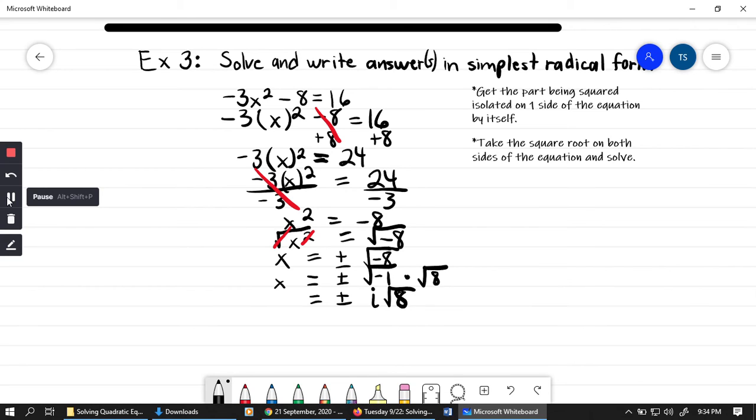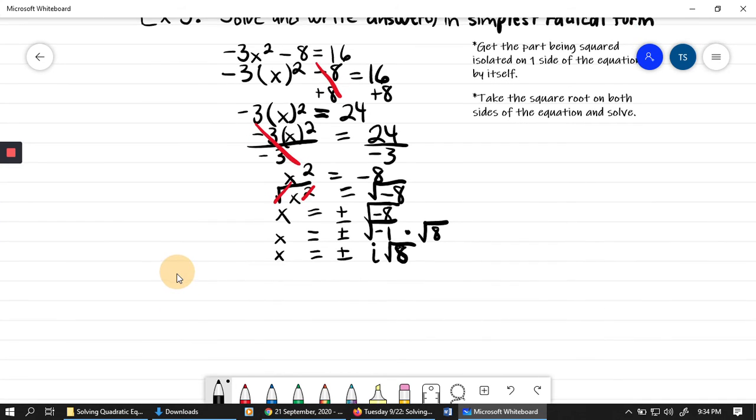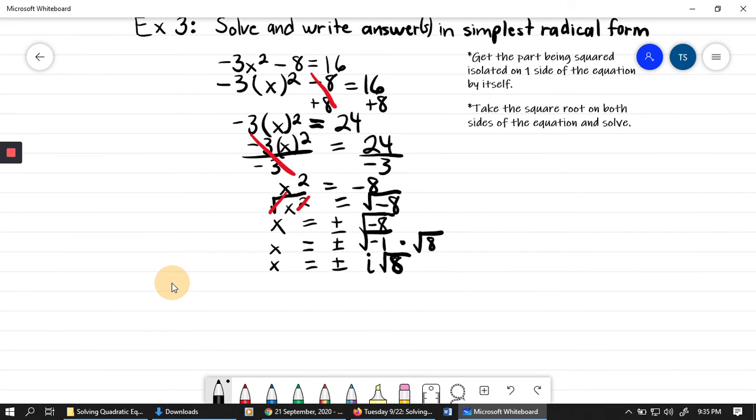And we can actually simplify this further. The square root of 8 can be written in its simplest radical form. So remember, when you're trying to determine whether or not a radical can be written in simplest radical form, you want to consider factors of that radicand.